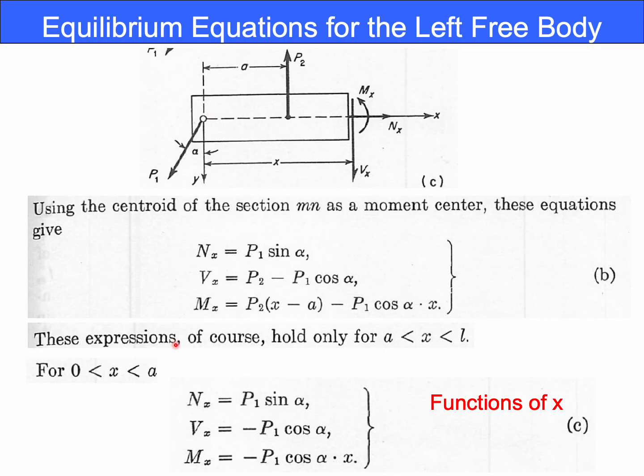This horizontal component of this force only exists. Therefore, Vx equals minus P1 cosine alpha, and the moment is generated only by this force. Therefore, you have this, the second term of the uppercase.